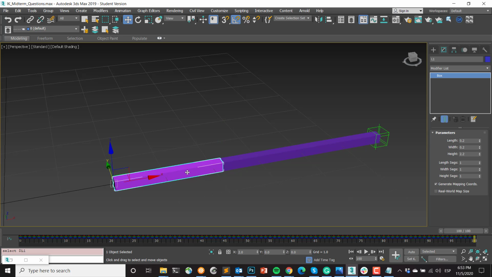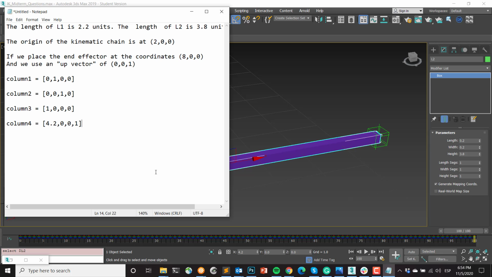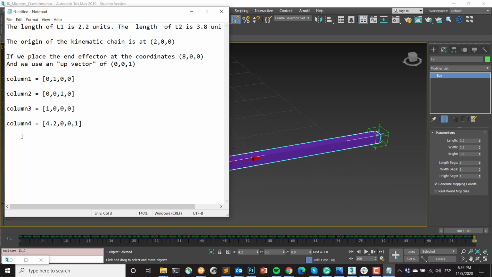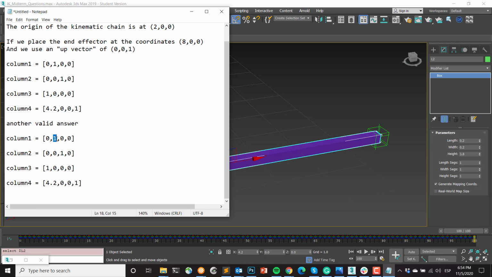L1 is the one that is rotating, but in the end, you don't need to rotate L1. So again, this is a valid answer. Another valid answer would be to have an identity matrix on the rotation part.